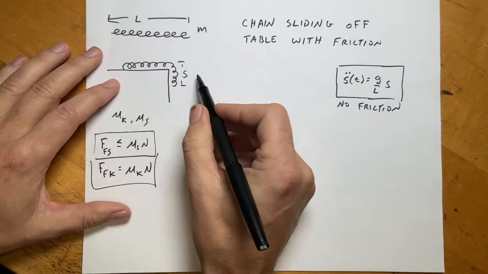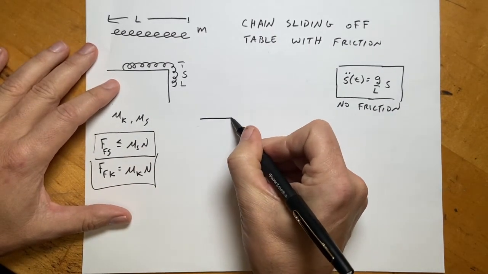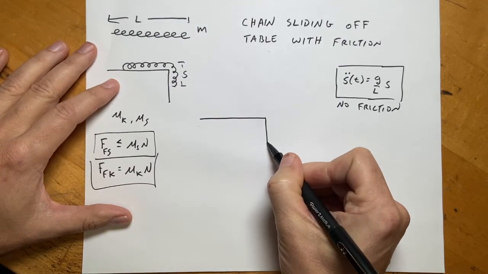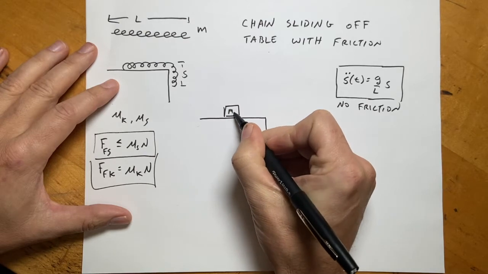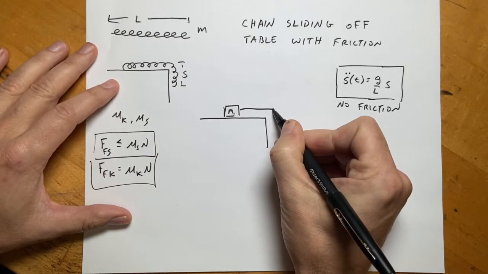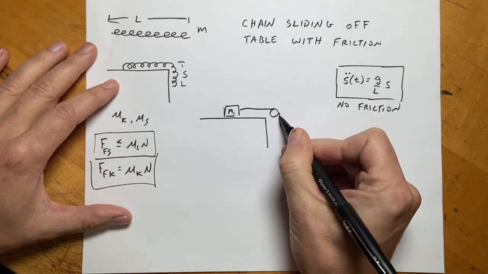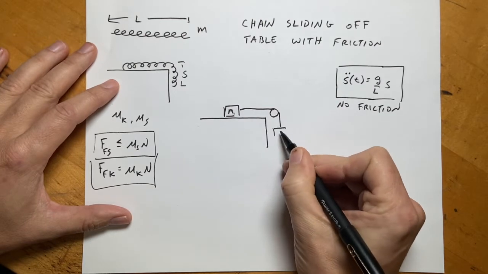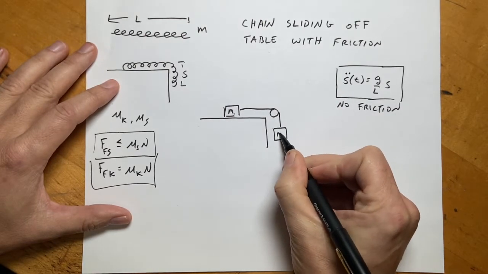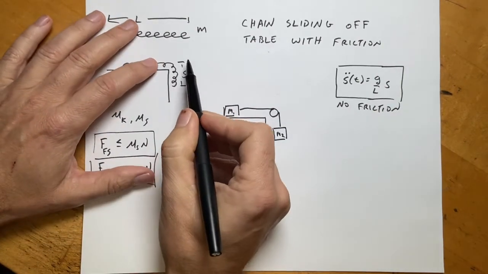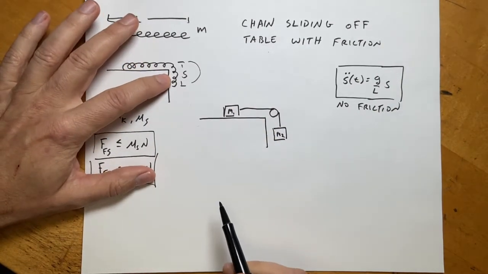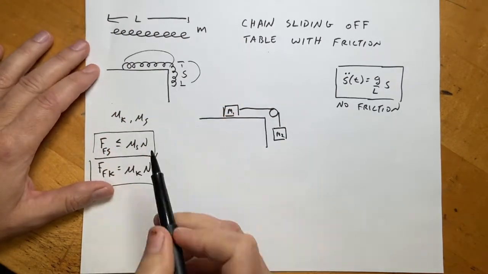I'm going to break this into a half Atwood machine. In a half Atwood machine I have mass m1 up here connected by a massless string to another mass m2. In this case, this piece of the chain is mass 1, and this piece of the chain is mass 2.